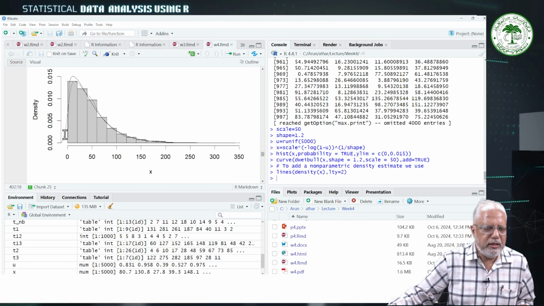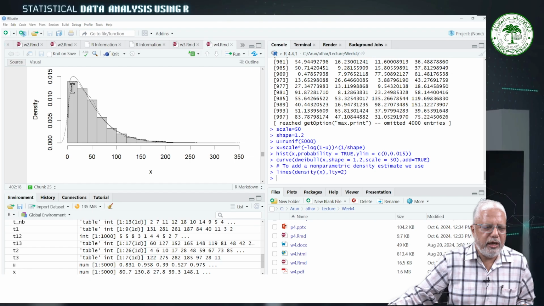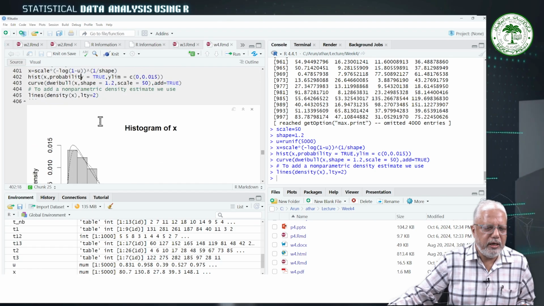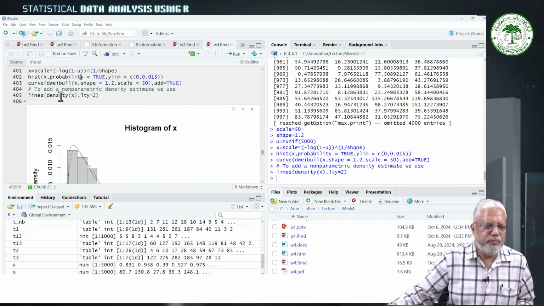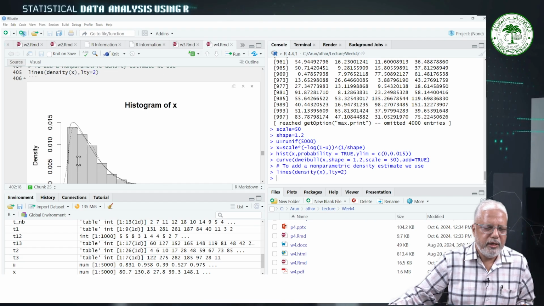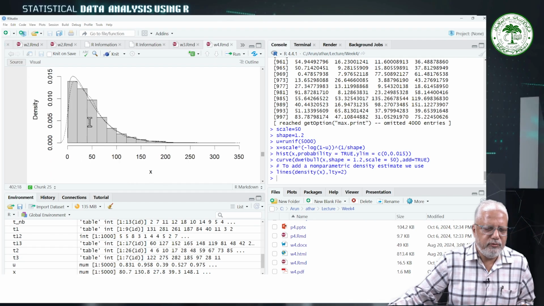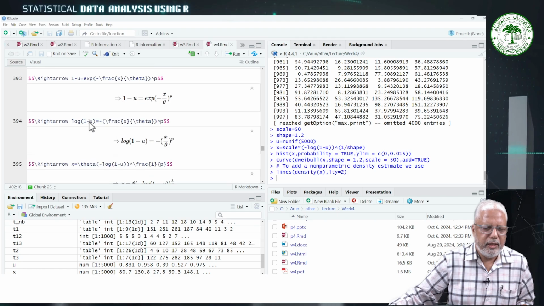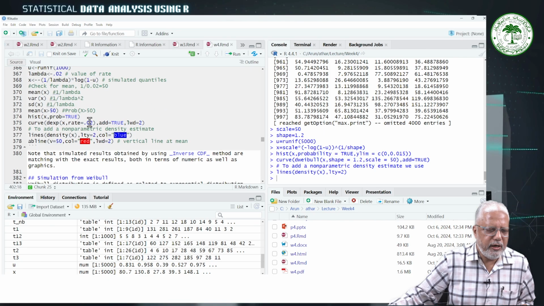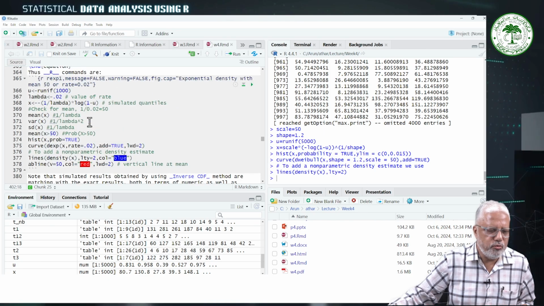This solid line is because of the curve, the exact curve, and this dashed line comes out because of the lines command, lines density, computing the density. So this is the non-parametric density curve estimated from the data, and we are getting these results. And this we have already defined for some other models too.